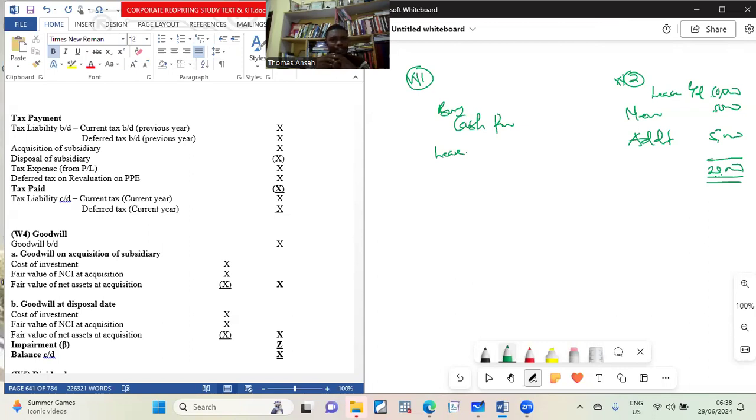So you realize that normally what do you do? NCI purchase consideration, that one will be going. The NCI to our disposal will be going. From everything that you have had up to the disposal time will be going. NCI share, so those ones will be going. So basically, this place must look like this.